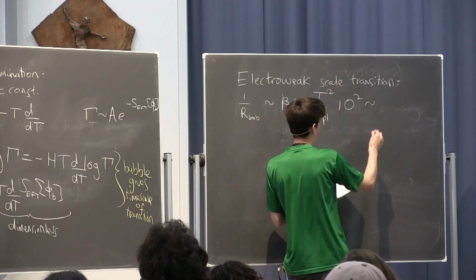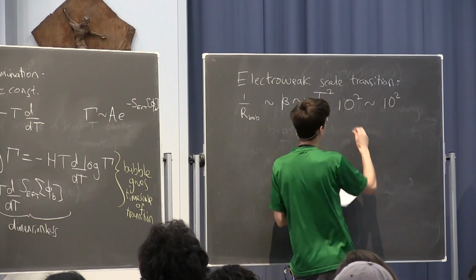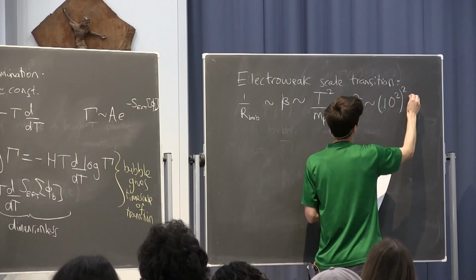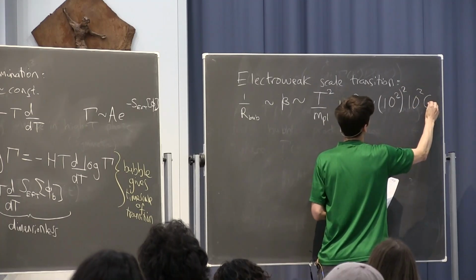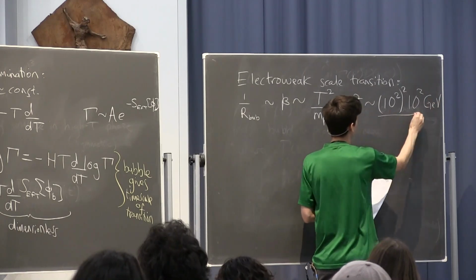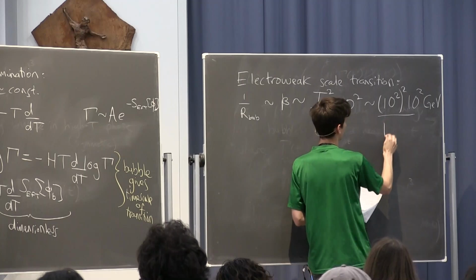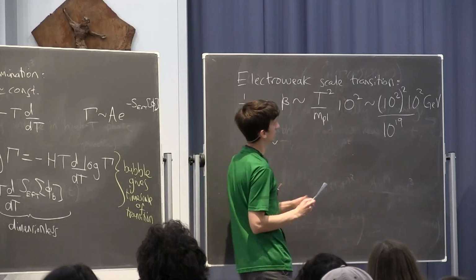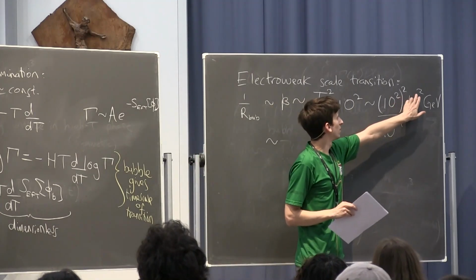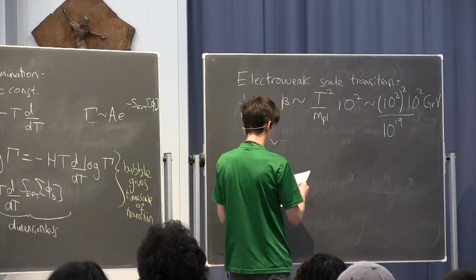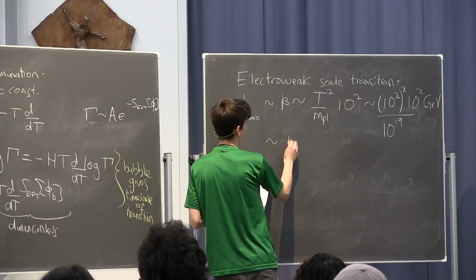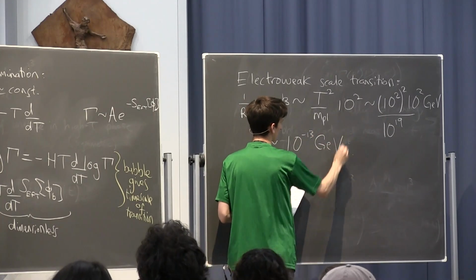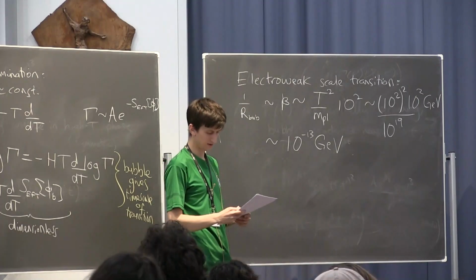Now if we put everything together, we're going to get 100 GeV squared times 100. So in the end, this is measured in GeV, divided by the Planck mass, which is 10 to the 19. So we get 4, 6 on the top, 19 on the bottom, so it's 10 to the minus 13 as our time scale.